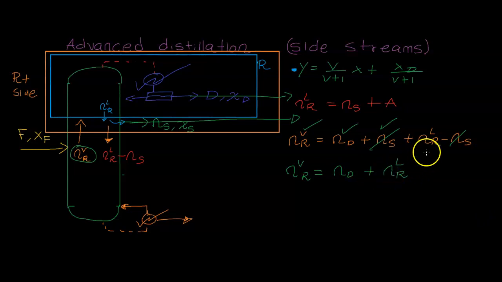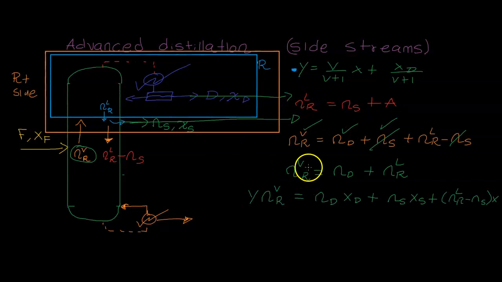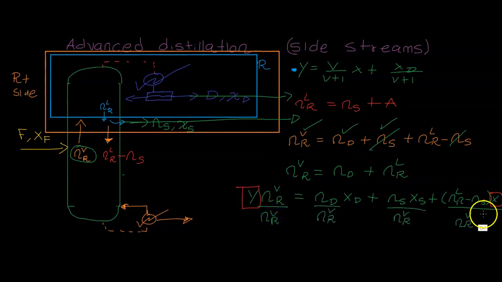okay, then we can do a composition balance. We end up with basically the same as the mass balance here, but now with some fractions of the composition. So remember that what we want to get is a function of y versus x. And here we are going to divide all the terms by N vapor, okay?